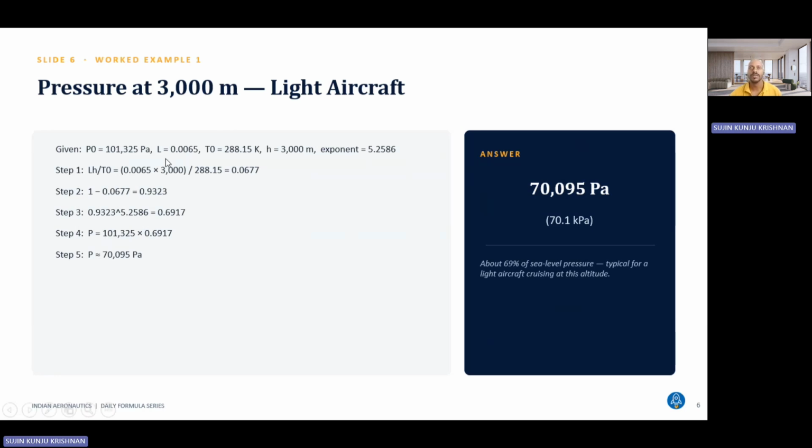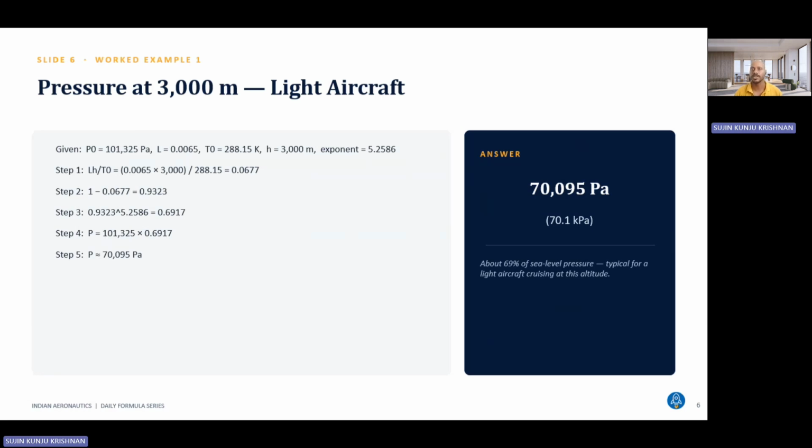Step 1, write the formula: P equals P0 times 1 minus LH over T0 to the power 5.2586. Step 2, list our knowns: P0 is 101,325 pascals, L is 0.065, H is 3,000 meters, T0 is 288.15.